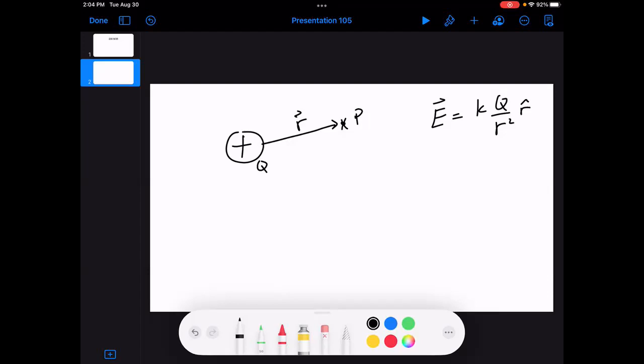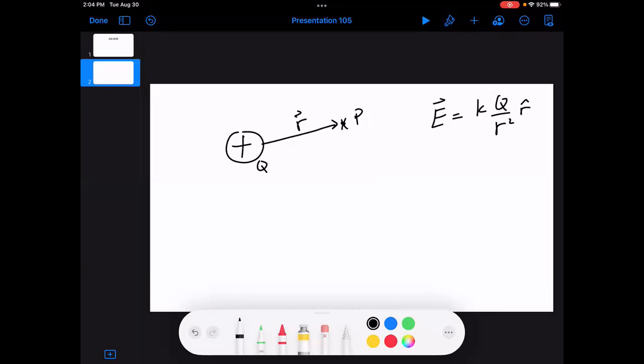I just want to think about what electrical properties this one charge is putting out. And so that's the big difference between a force and a field: a force is an interaction between two or more things, and a field is a product of just one thing by itself. Excellent. Okay, good start.